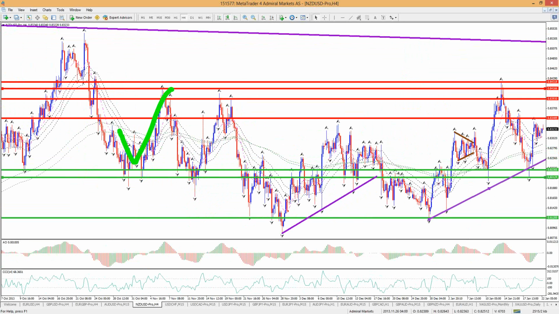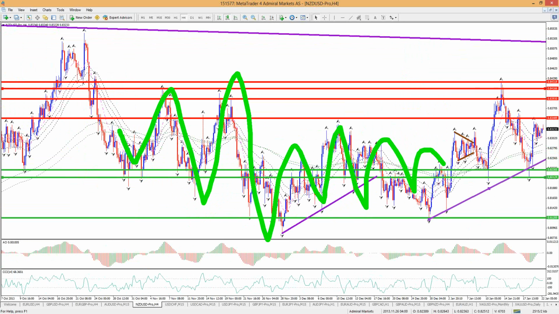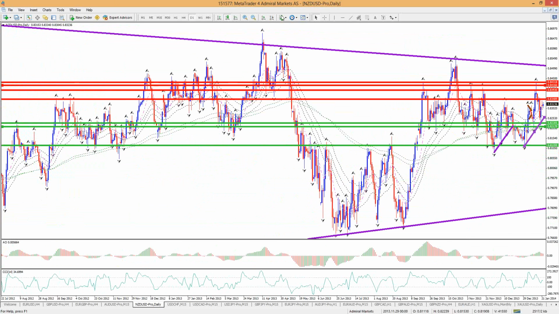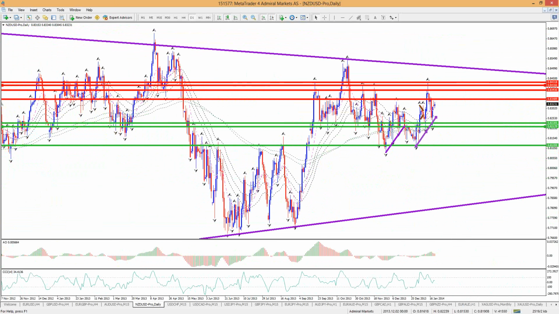Look at this. I mean, it's just very, very, very messy. So the only thing we could do is actually look at the day chart and say, what is this mess all about? And then we can see that this mess is actually occurring after an impulse up, and then we got all this mess. And it's still in the mess, and it's been like that since October last year, November last year, or even September, depending how you look at it.